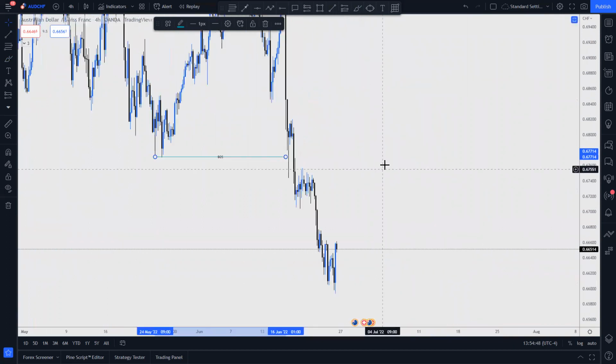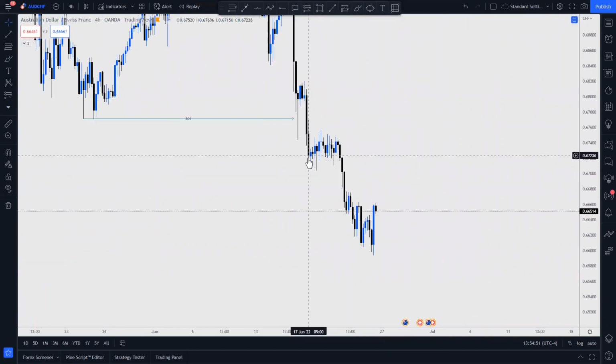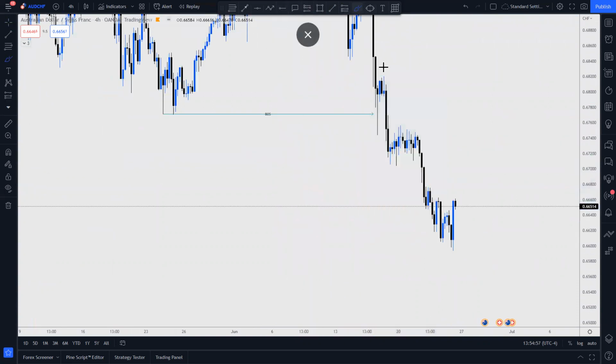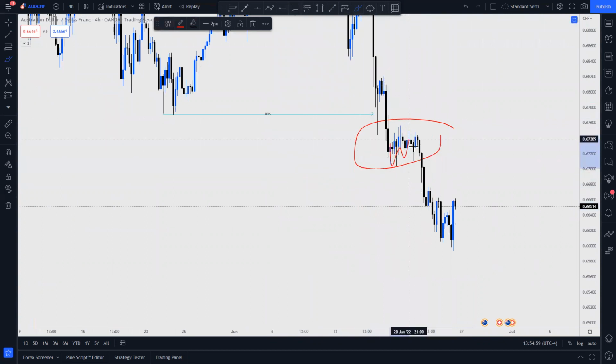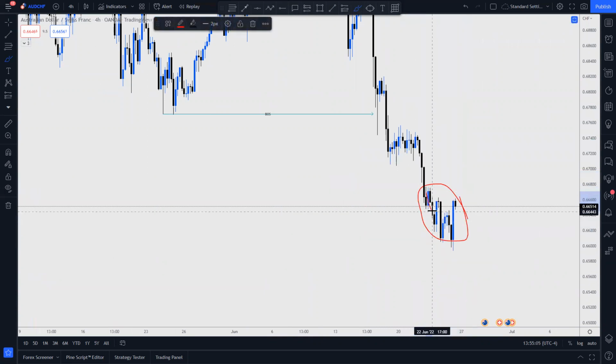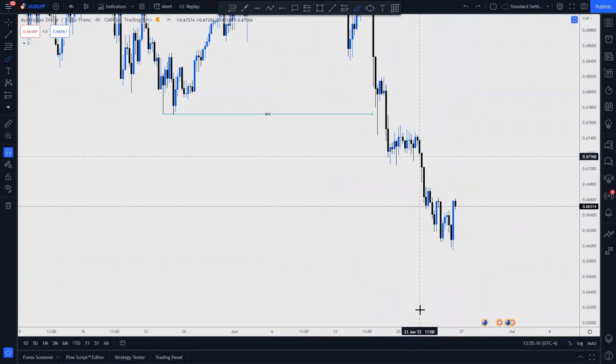Now, after this impulse, we have this correction, a lot of consolidation, and then another impulse to the downside, and then this descending correction after this impulse. Lots of momentum to the downside.